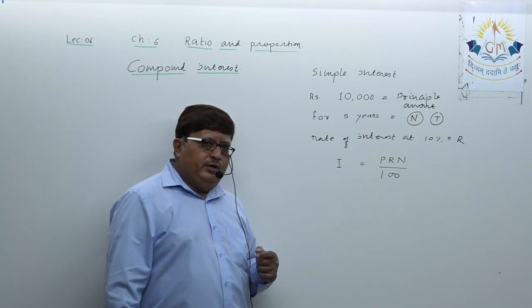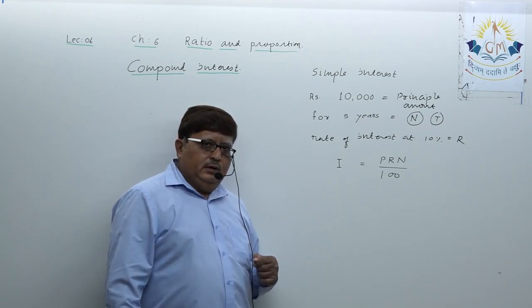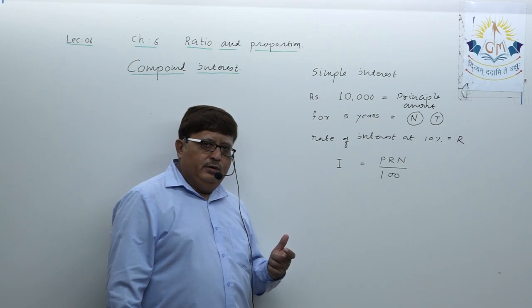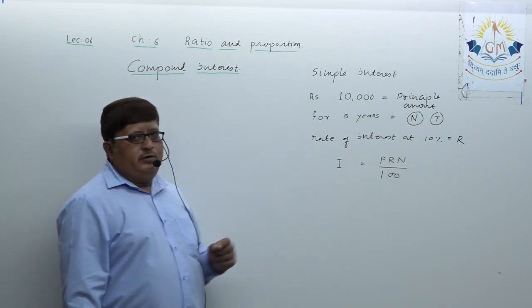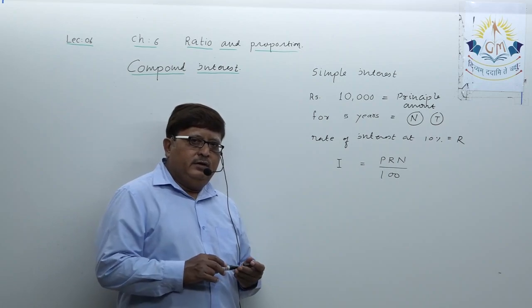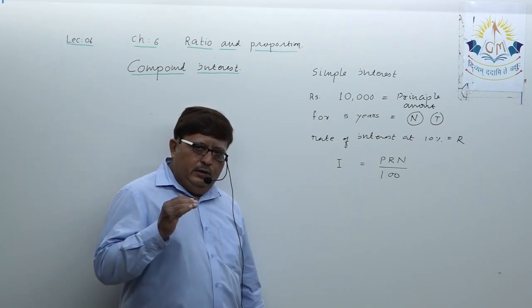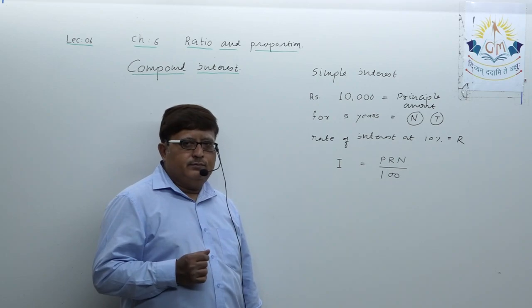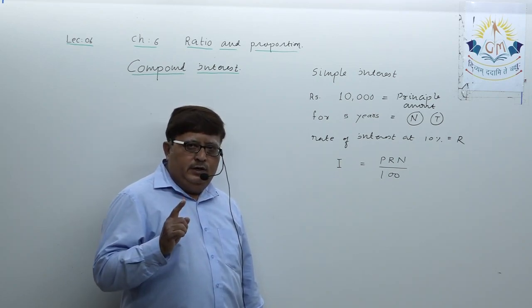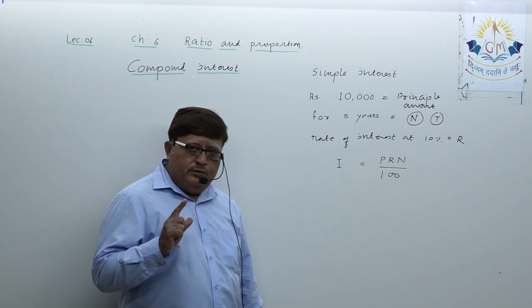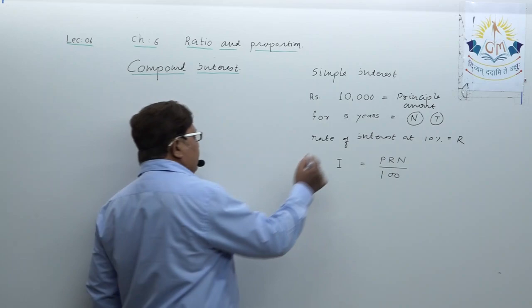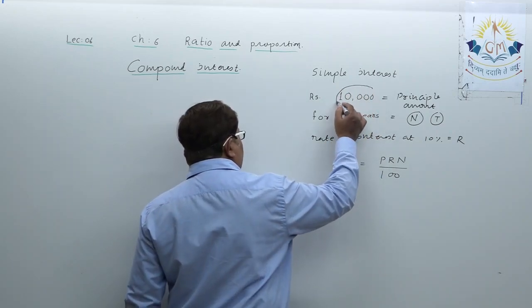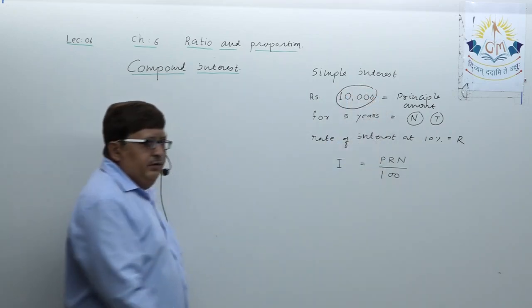If you borrow money from somebody or some agency on simple interest, the word I am speaking, simple interest, then every year the interest is counted every successive year on the same principal, that is 10,000 rupees.